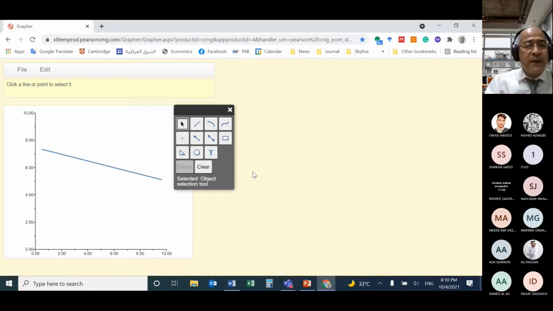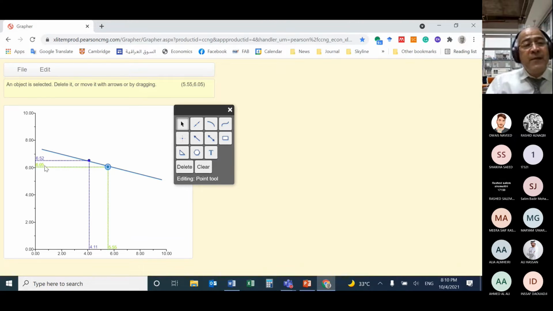So this demand curve is elastic. Why is it elastic? See here, the percentage change in quantity is larger than the percentage change in the price. So let's say 20 divided by 10, it is 2. The elasticity is more than 1. So demand is elastic.